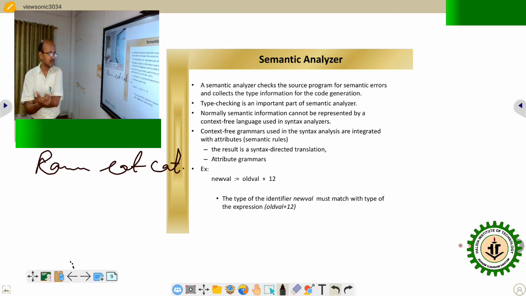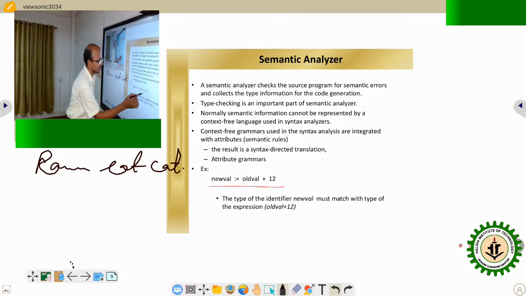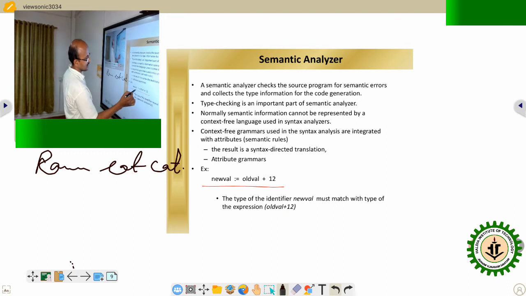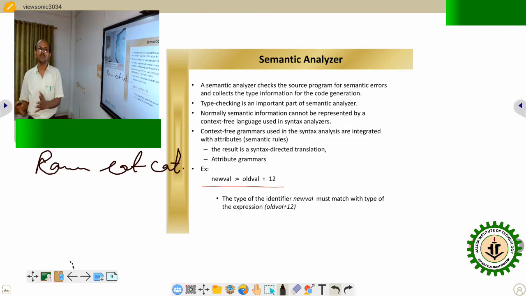But particularly here, the instruction given is new value is equal to old value plus 12. Here you have to check, first of all, whether the type on the right hand side matches the type on the left hand side, whether they are compatible with respect to the assignment operator. And then you have to check whether the type of old value and the type of 12 match or not.